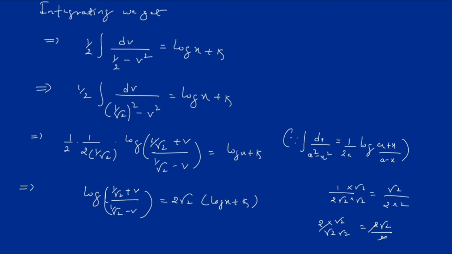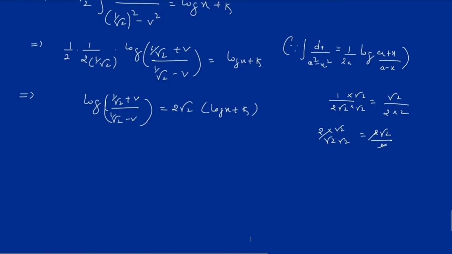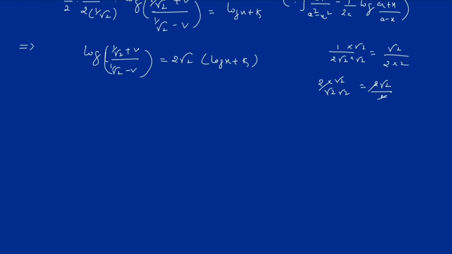Therefore, again, this can be written as log of 1 plus root 2v, cross multiplying, over 1 minus root 2v, the denominator root 2 is there, right?